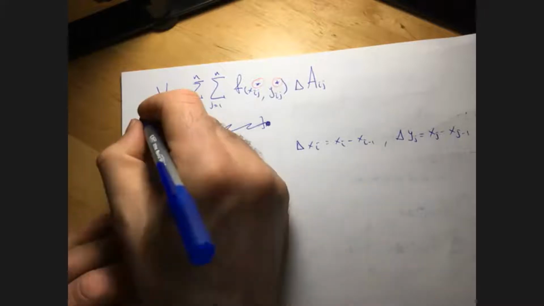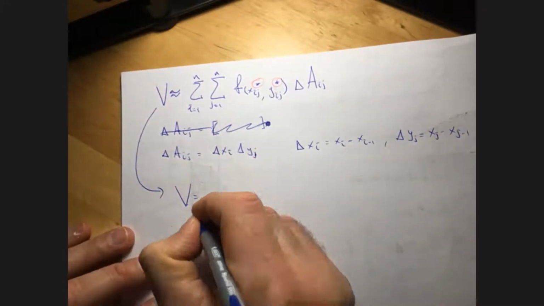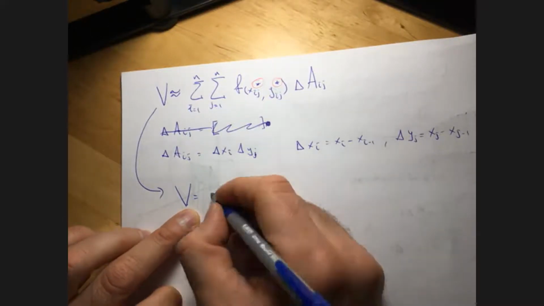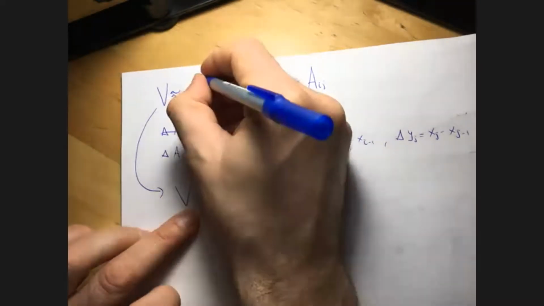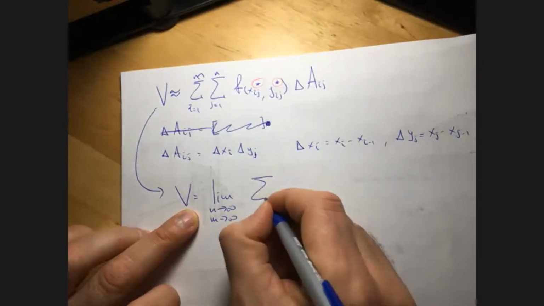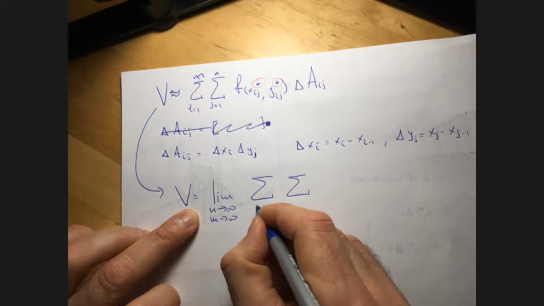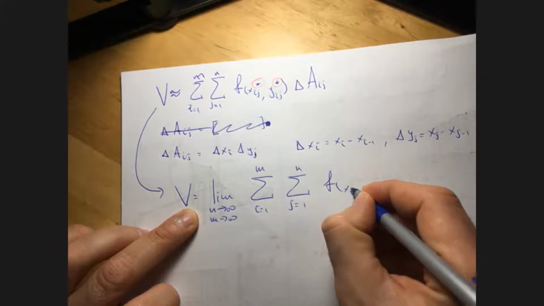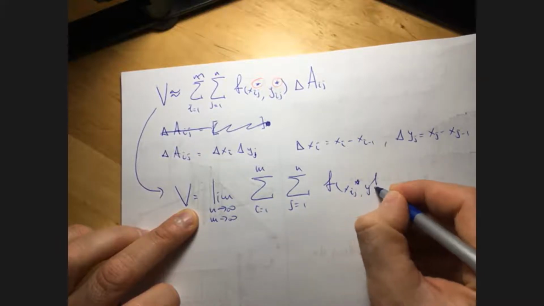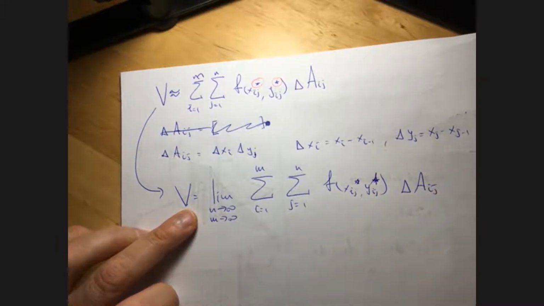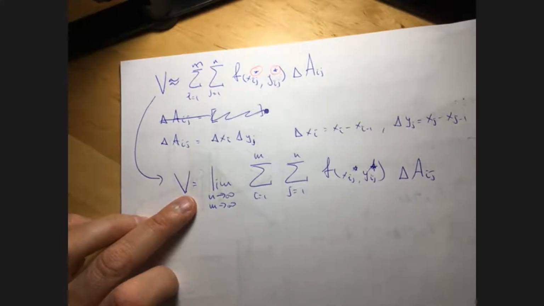When can we find the exact value of this volume? When I find the limit as n goes to infinity and as m goes to infinity of this double Riemann sum. But that is nothing else than the definition of the double integral.